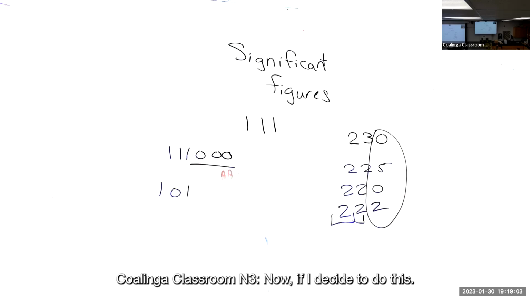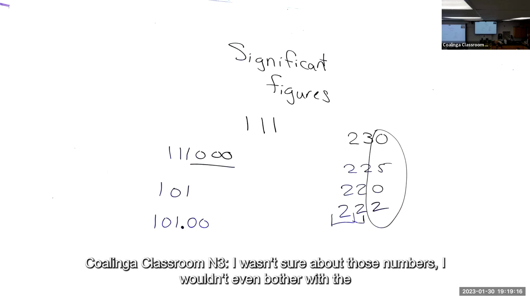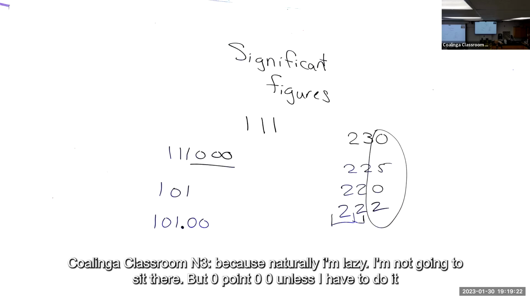Okay. Now, if I decide to do this, I put a decimal point there. Now, if I wasn't sure about those numbers, I wouldn't even bother with the decimal point, right? I would just write 101. Because naturally, I'm lazy.